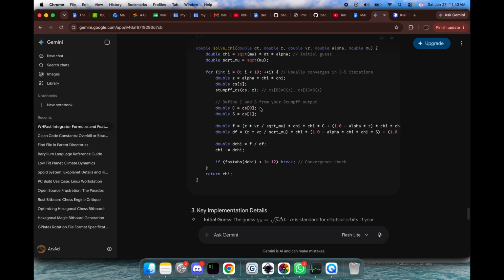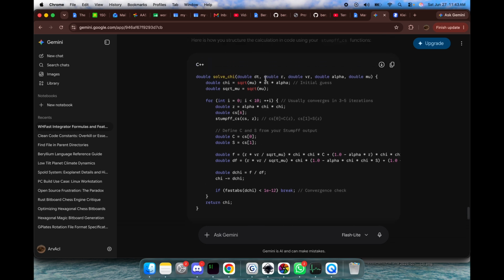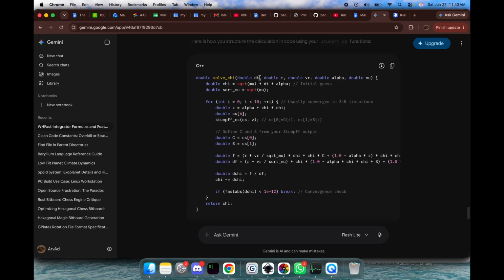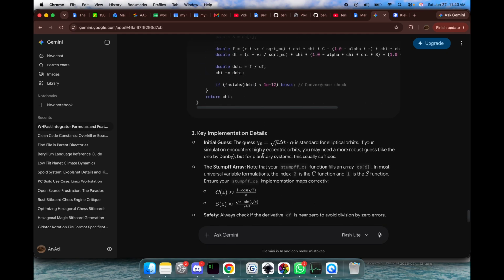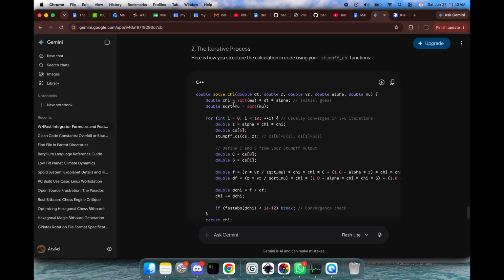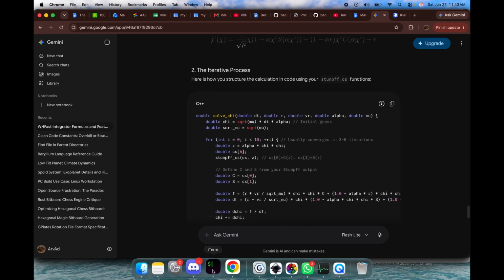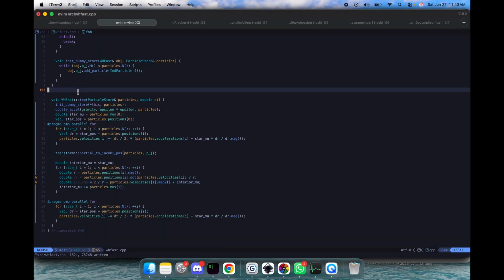Okay, so if I just solve chi, let's copy this. So square root of mu times dt times alpha, standard stuff.